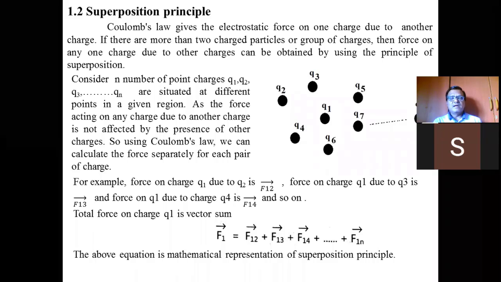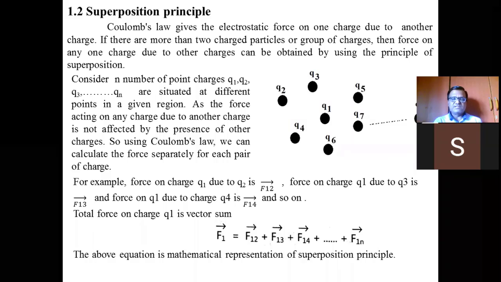In the last case, we have considered only the force between two charges or two charged particles. Now, if there are more than two charged particles in a system, then we have to calculate the force exerted on any one charge.